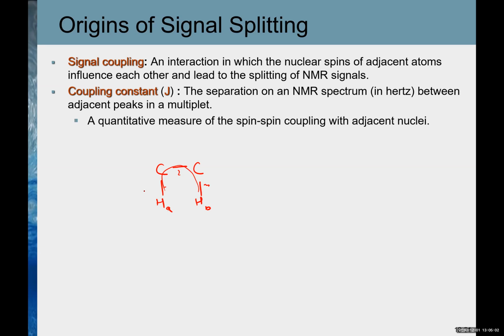Then they can couple with each other. It means the magnetic moment of A will be affected slightly by the magnetic moment of B, and so on. When they are 3 bonds apart, these hydrogens are known as vicinal hydrogens, and this coupling is known as vicinal coupling.